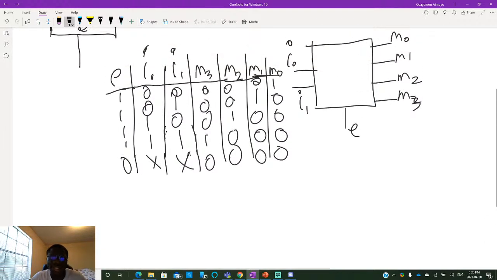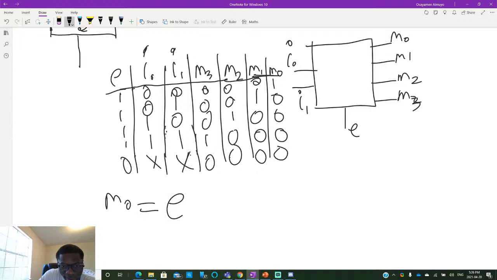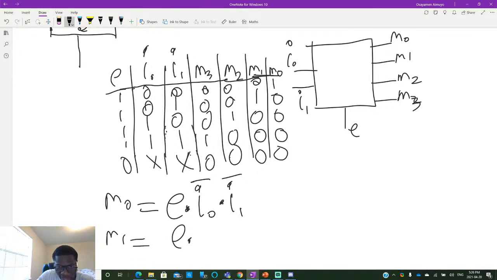we can clearly see that M0 is basically E times I0 bar and I1 bar, right? And then M1, notice how it follows the input structure. So you have I0 bar as well, and then this is just I1, if I'm not mistaken, 0, 1, yeah.